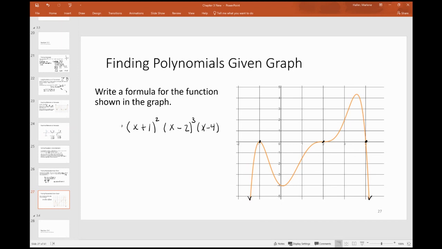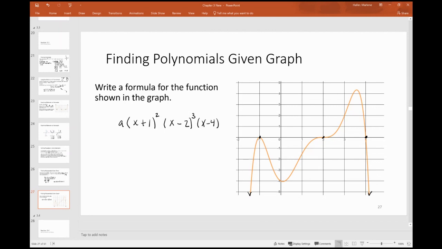There may or may not be a stretch factor here, but we'll assume that there is. That might be 1. So we're just going to say y equals a times the rest of all that.